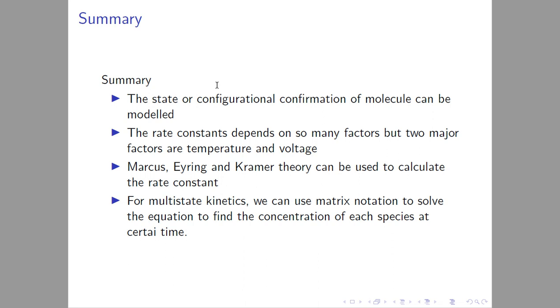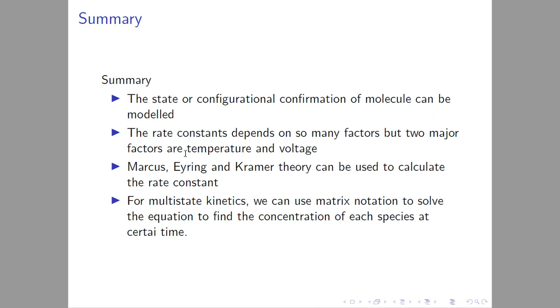So 100 times 100 equations. We have 100 equations, meaning that there are 99 interchanging states. So from A to B, B to C, C to D, D to E, E to F, and so on.